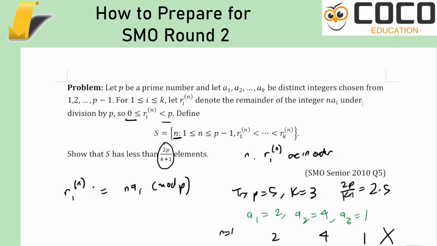It means that I am asserting that my chances of success at getting them in ascending order are pretty low. This makes perfect sense to me, actually. If I have, for example, k equals 2, then 2p over k plus 1 becomes 2p over 3.